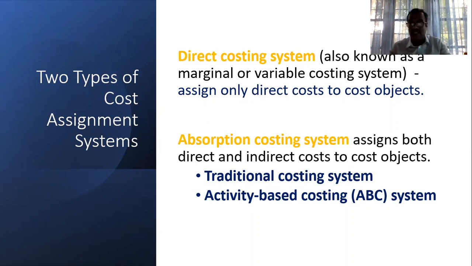Therefore, their costing system is not the direct costing system. They take the other absorptions as well. That's why they raise the price. They know that the lunch packet costs only 100 and they sell it for 250. Why? Another 100 maybe for other indirect costs.